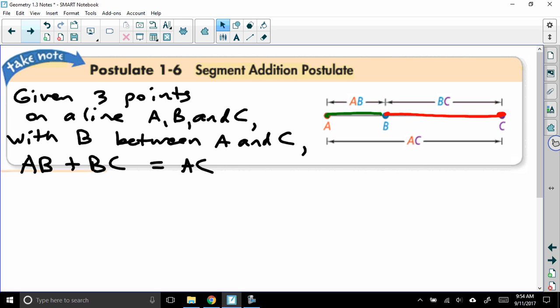The short segment plus the longer segment, when you put those lengths together, it matches the length of the whole segment from the one end point to the other end point. I don't know why students struggle with this, but they do.